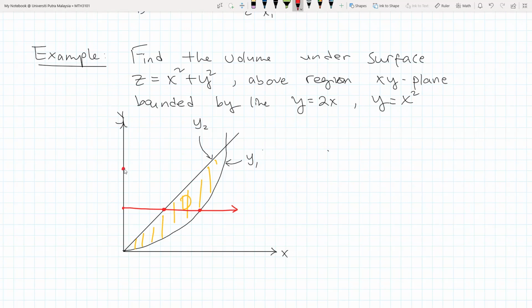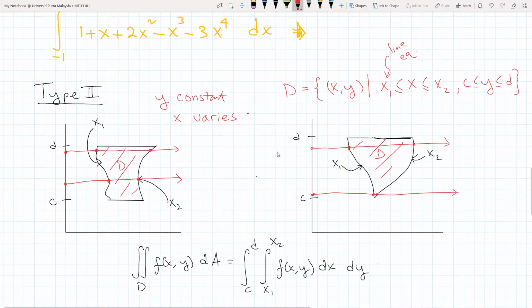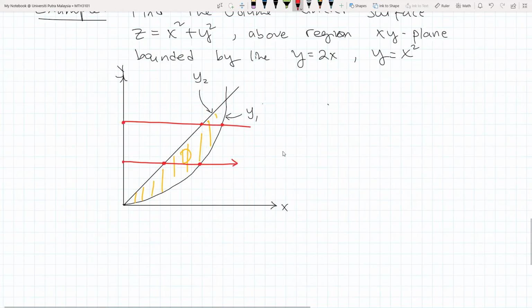If you pick any point, enter at y1, exit at y1. So if you do it the other way it is also the same. So this is type 2. Why type 2? Because here x is constant and y varies.